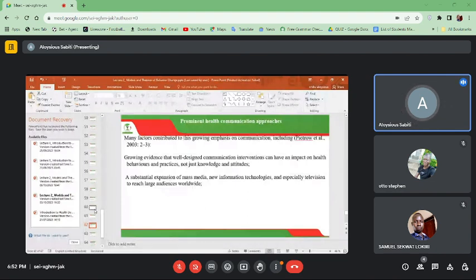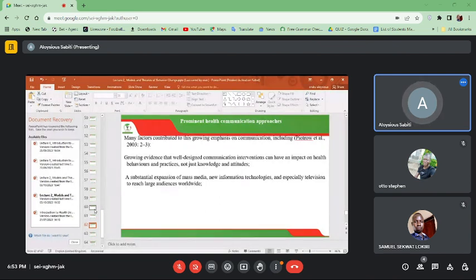So a substantial expansion in mass media has given room for the communication approach to be very important, and has contributed to it being more of an emphasis. Why? Because of new information technologies such as X, which was formerly Twitter, or especially television, you are able to communicate.